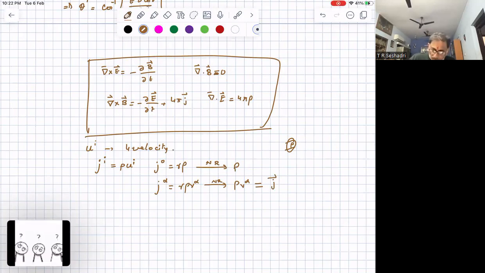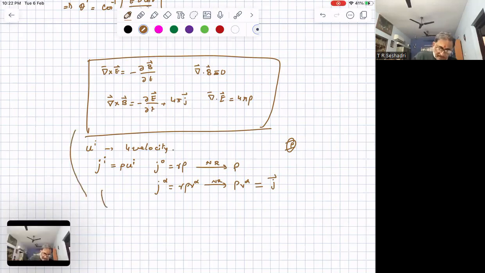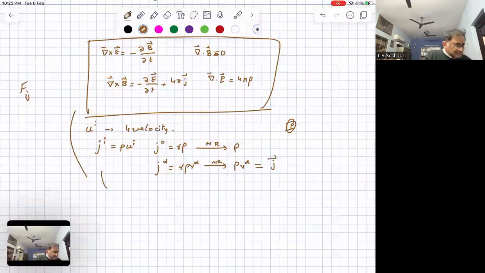Now I use all this and the definition of F ij, and the Maxwell's equations can be written in a very cute form.